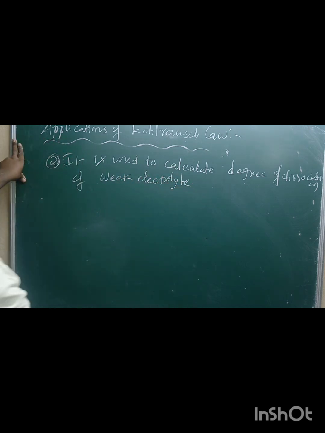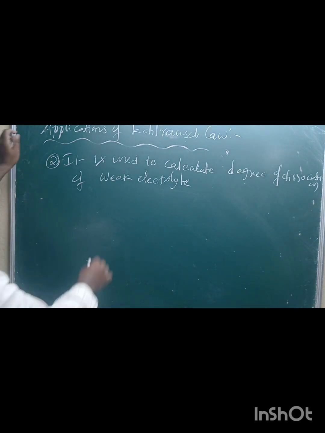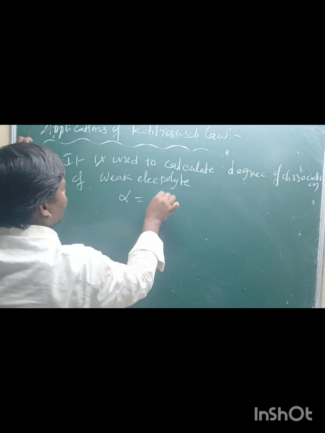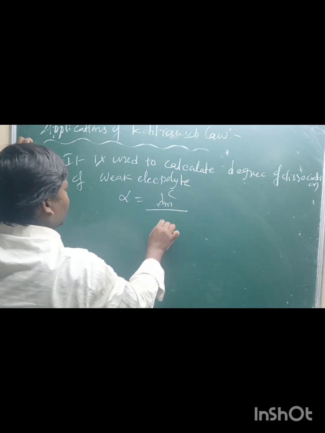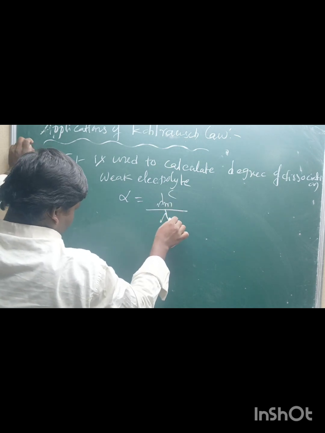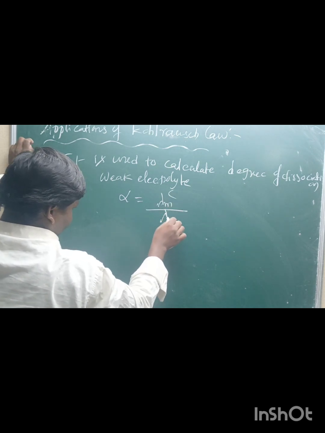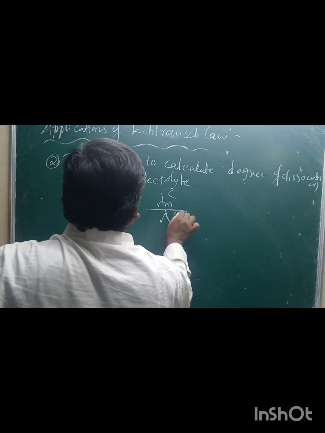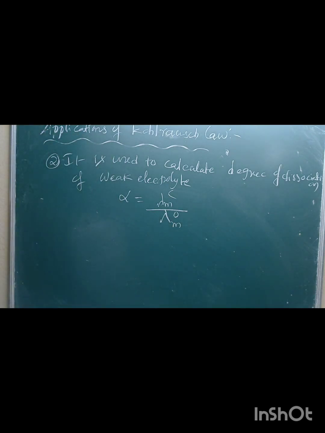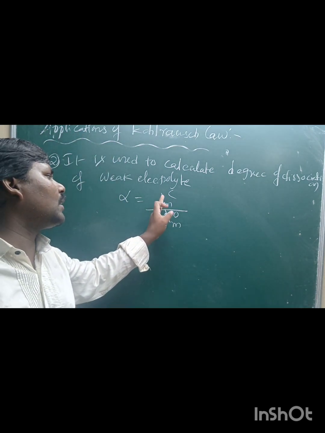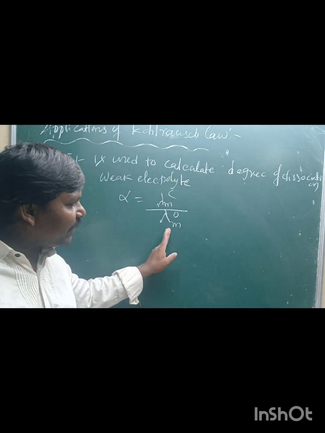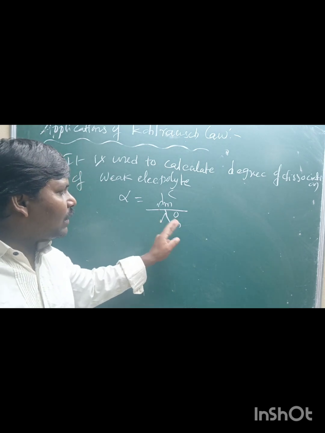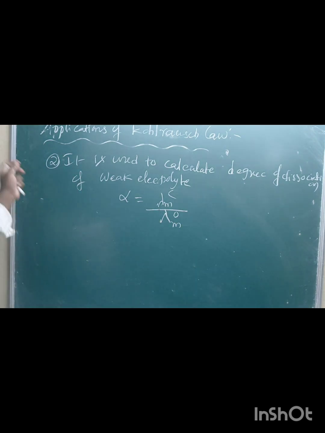That is equal to alpha, the degree of dissociation symbol, lambda m c by lambda m naught. That means molar conductance at any concentration divided by molar conductance at zero concentration or infinite dilution.